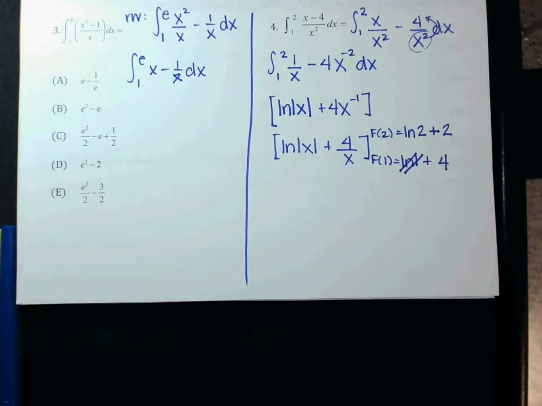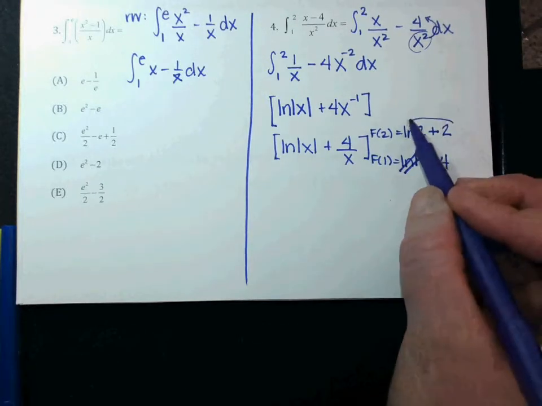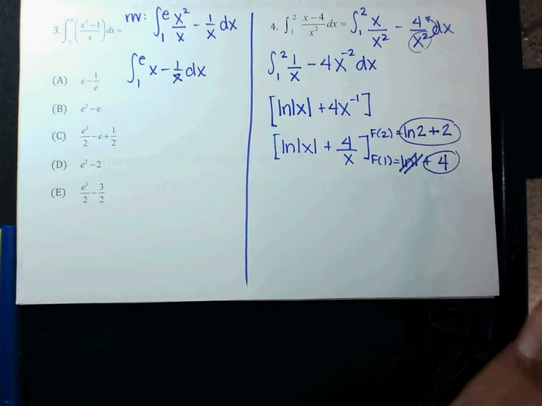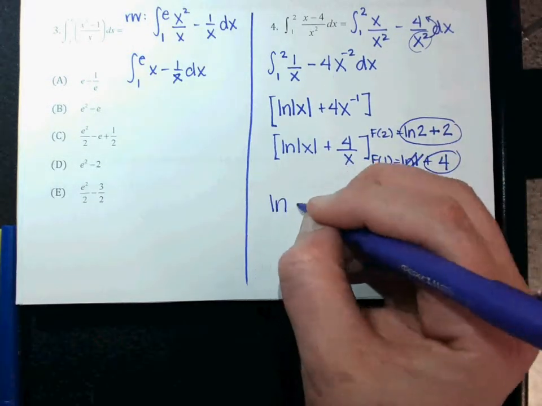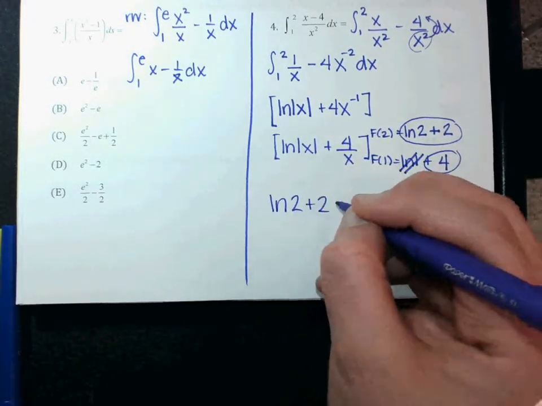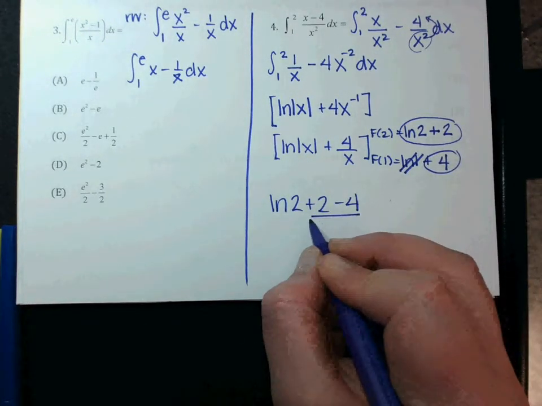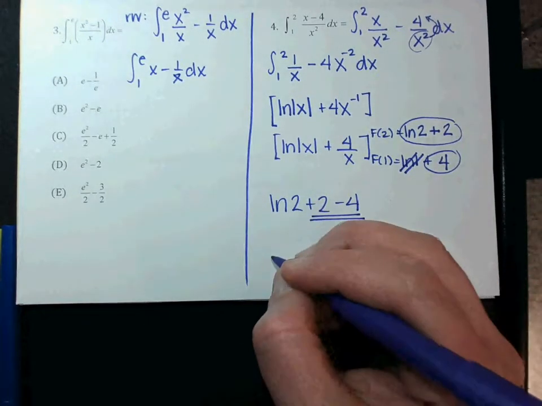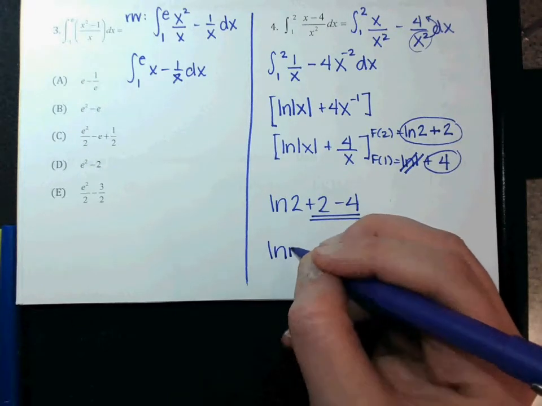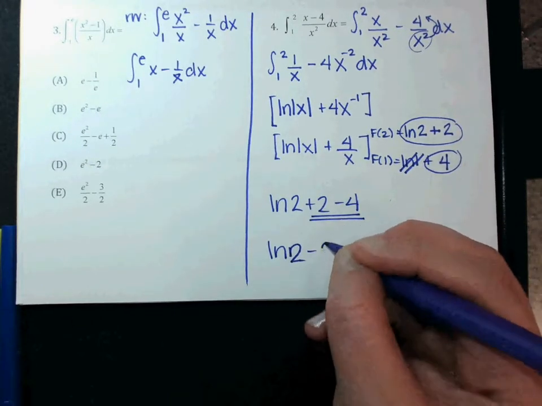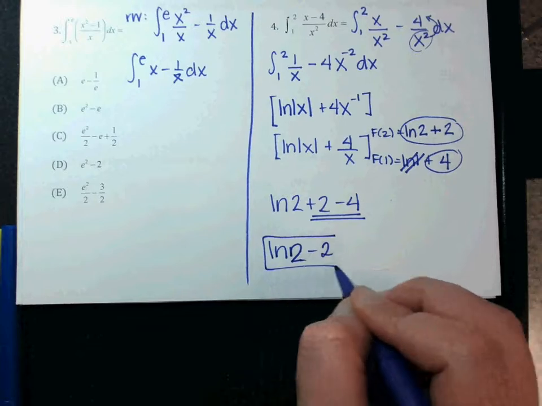Okay, remember, ln of 1 is 0 and ln of e is 1, are the only two that you really need to know. Okay, then from there, I would take top minus bottom. So it would have been ln 2 plus 2 minus 4. And what is 2 minus 4 in those constants? Good. Oops. ln 2. Good.